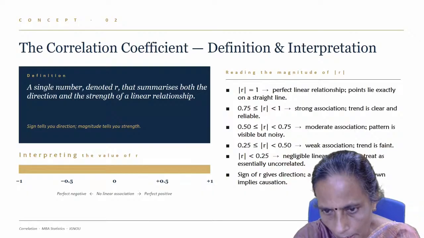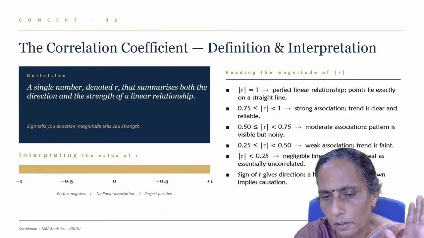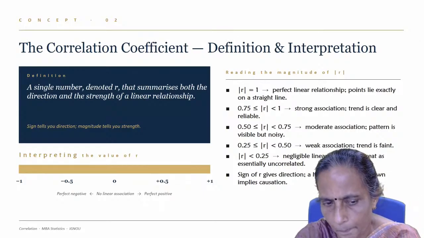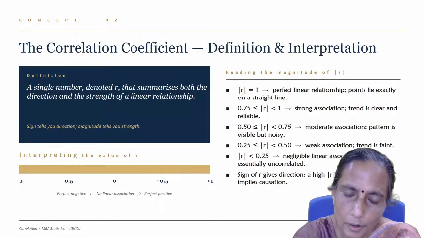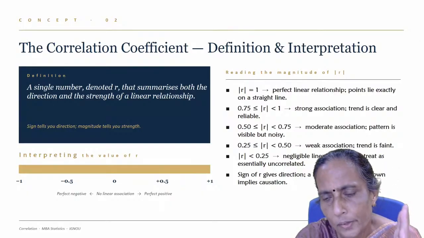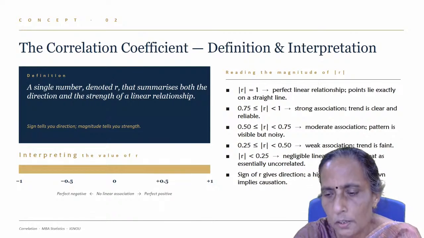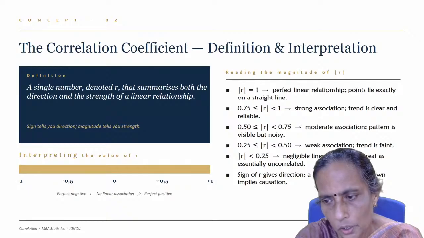If the value of r is between 0.25 and 0.50, then the association is weak, the trend is very faint. And if the absolute value of the coefficient of correlation is less than 0.25, then the association between the variables is negligible linear association.